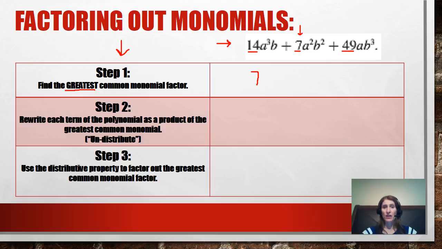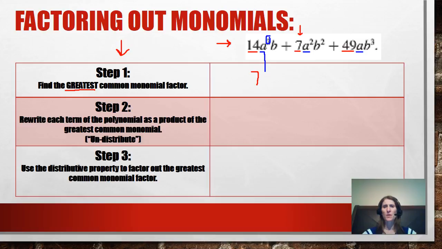So then when I look at my variables, let's look at the A's first. Here's my A's, and my A's. So it has to be common in all three. Well, this first one says I have 3 A's there. The second one says I have 2, and the last one, really, we can say there's 1.